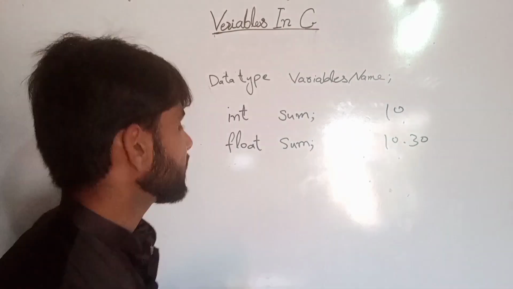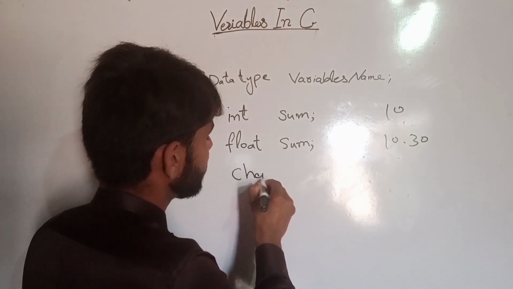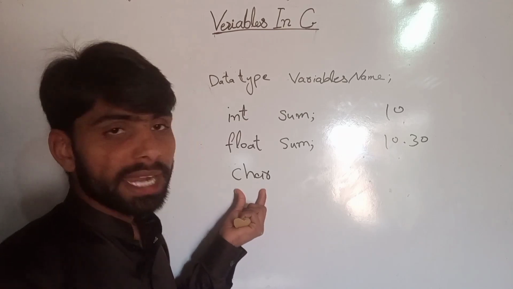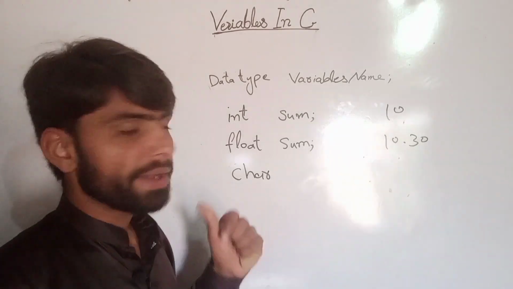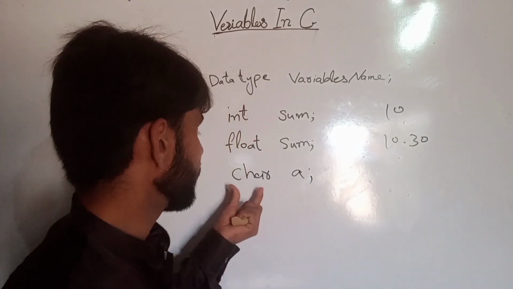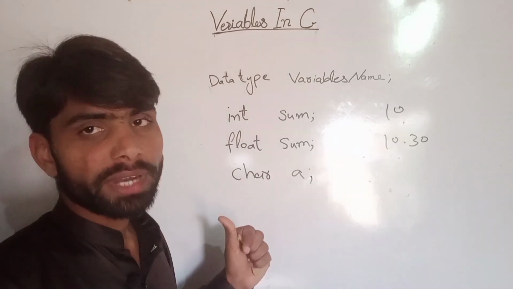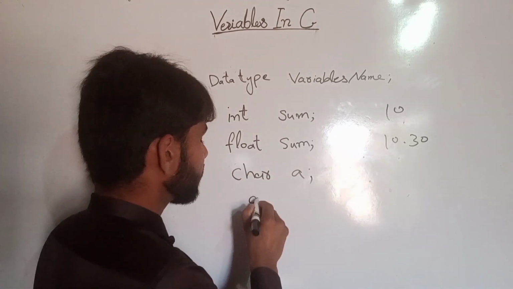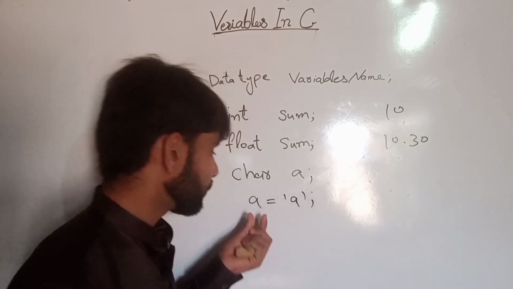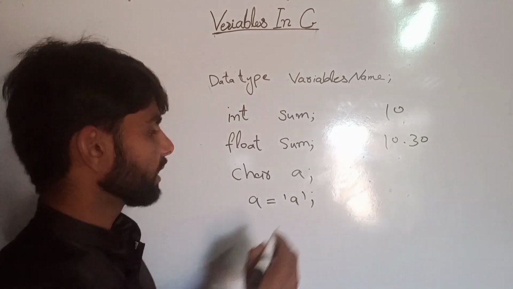If we want to perform actions on character values, then we use the char data type, right? So this means that it is going to store character data type. So here I write a, that means this variable stores character type data. If I write a is equal to 'a', this is the variable name and this is the character, right?